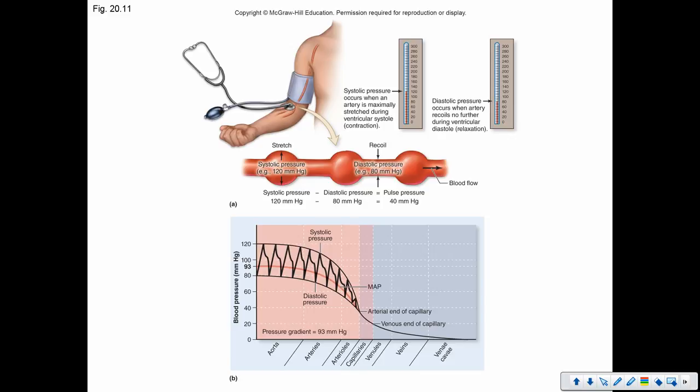The mean arterial pressure is the average measure of blood pressure forces on the arteries and can be found by adding the diastolic pressure to 1/3 of the pulse pressure. And your pulse pressure is the difference between the systolic and the diastolic. So sometimes there's a reference to the mean arterial pressure, and that's how you calculate that.